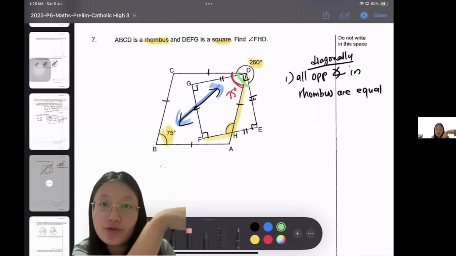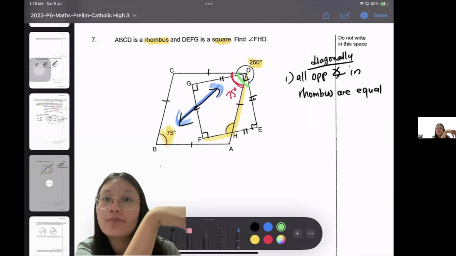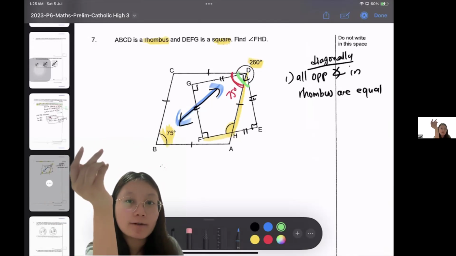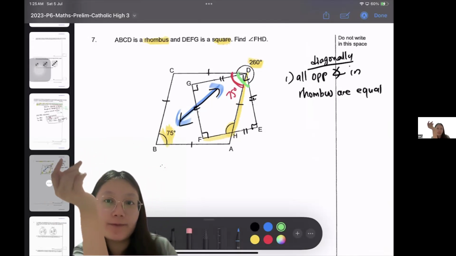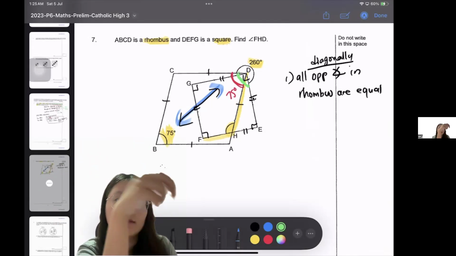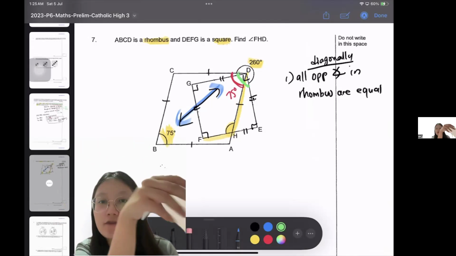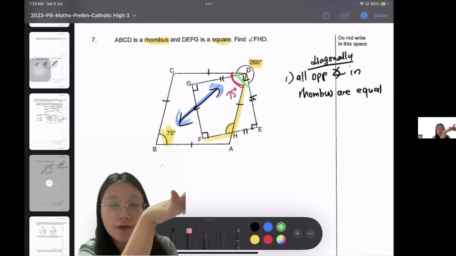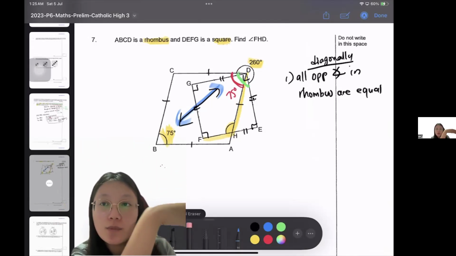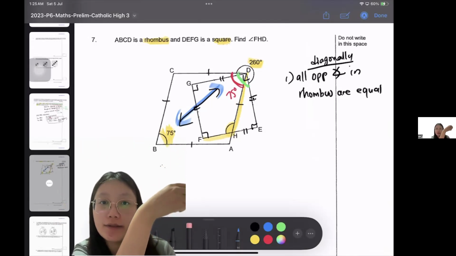Yeah, then now you need to find what is the angle inside of this entire thing. So actually you have three possible angles you can find. One is the 90 degrees, one is the green one, and one is the red one.